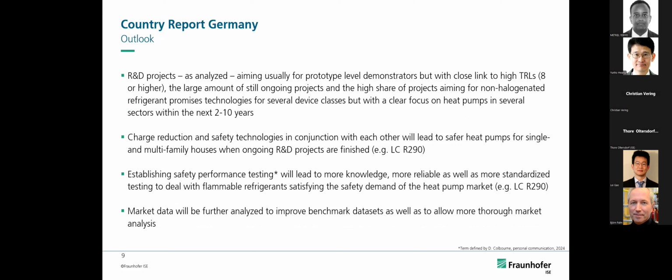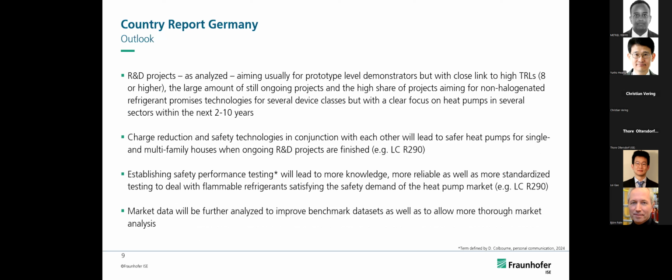So, and the outlook in R&D projects as analyzed: we are aiming usually for prototype level demonstrators with a close link to high technical readiness levels. The large amount of still ongoing projects and the high share of projects aiming for non-halogenated refrigerant promise technologies for several device classes, but with a clear focus on heat pumps in several sectors within the next 2 to 10 years.